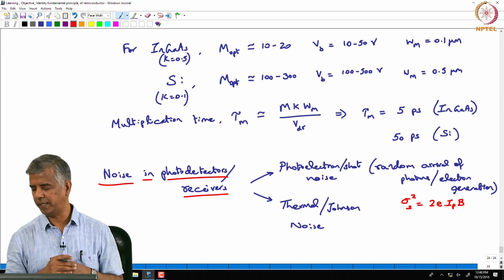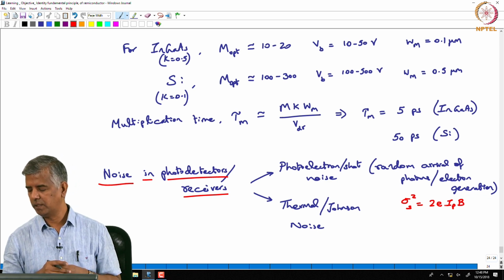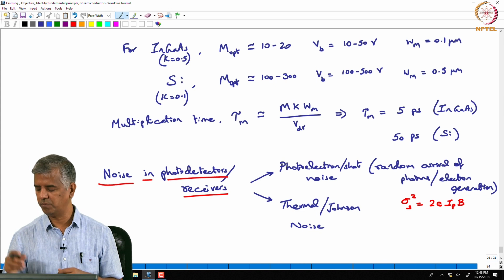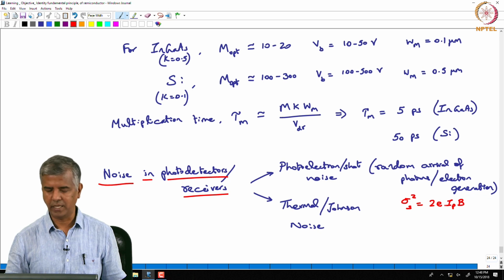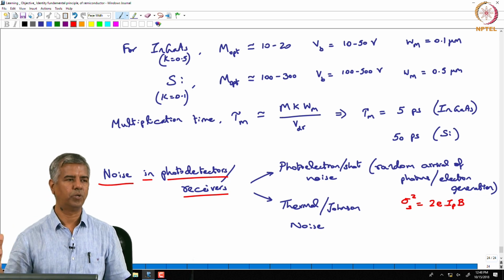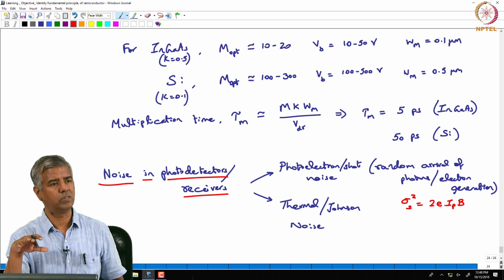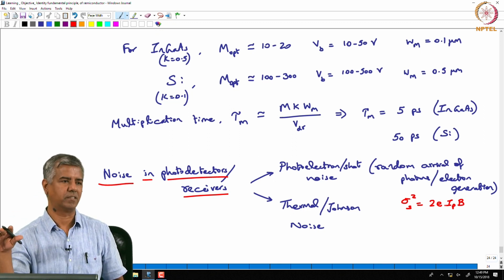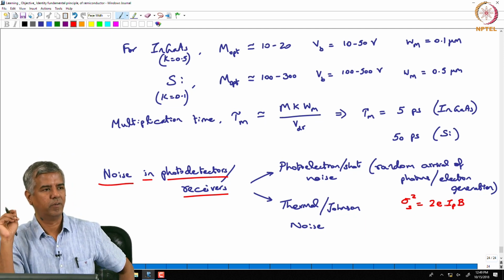So, it's integrated over 2 times B, and so you have 2 times E times the photocurrent multiplied by B. Essentially, it says that it's proportional to the photocurrent. The more photocurrent you have, which corresponds to more photons falling on the photodiode, the more the variance will be. This is a concept we were discussing much earlier when we were talking about photon statistics.